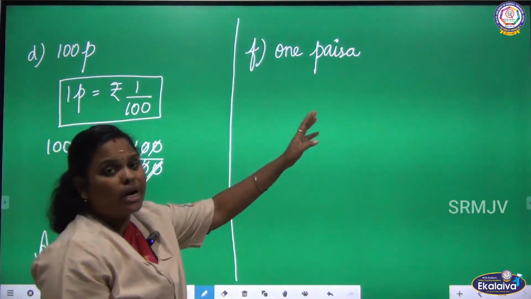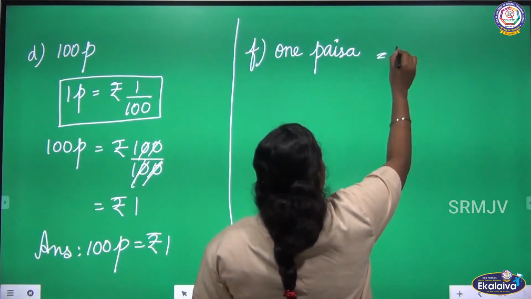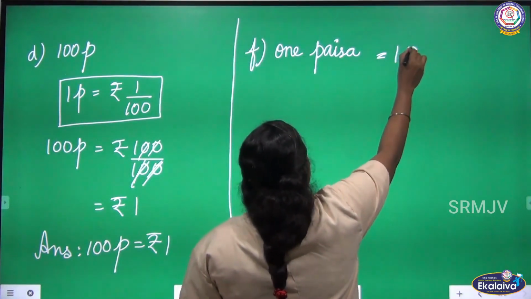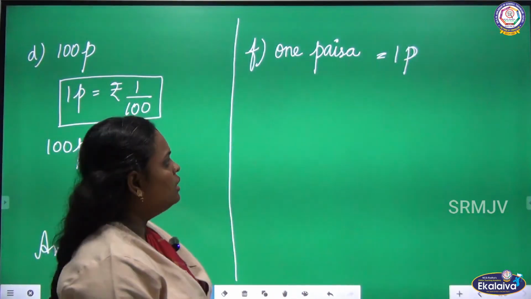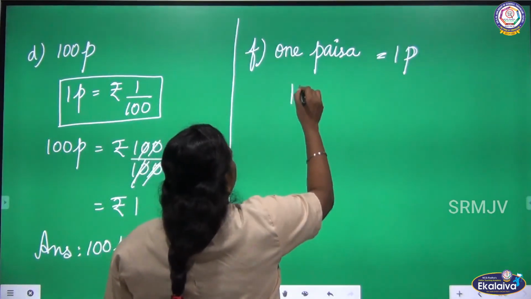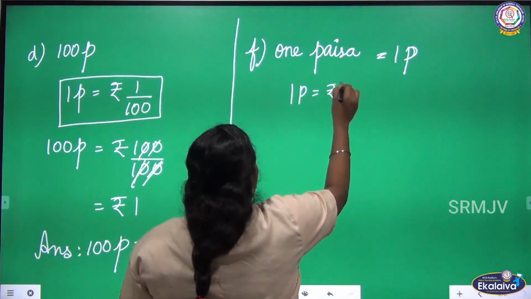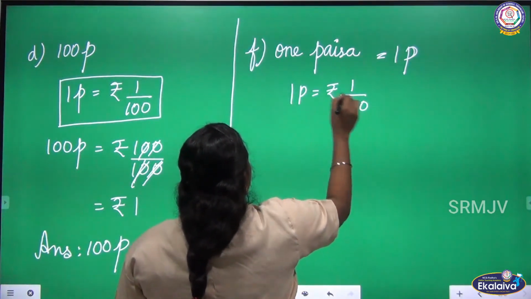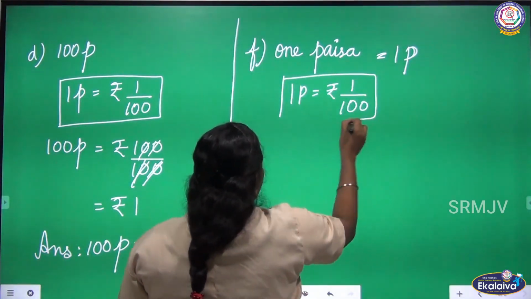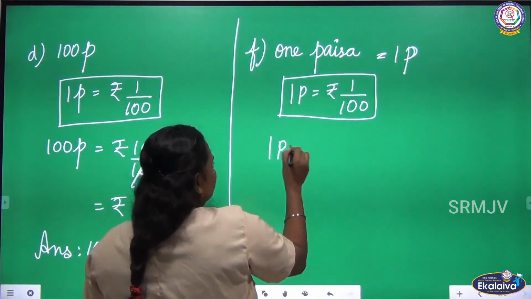Next they have given 1 paisa. So same, 1 paisa equal to rupees 1 by 100. They have given here 1 paisa only.